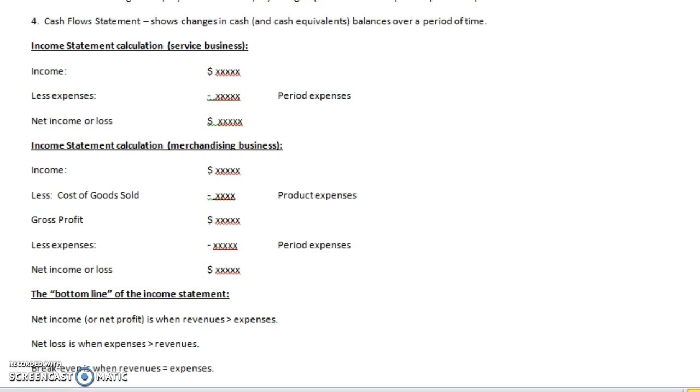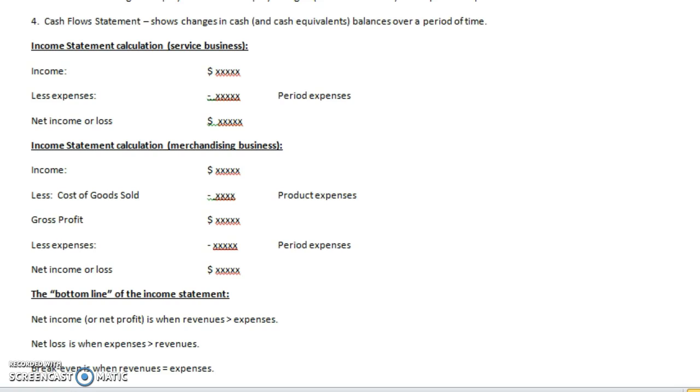It's what we have sold up there in the income. So we've got income up at the top minus the cost of what we sold, and that's going to give us a figure called gross profit. Now, once we have the gross profit, from that, we're going to subtract our period expenses, rent, utilities, and so on, and then come up with a net income or net loss for the period for the income statement.